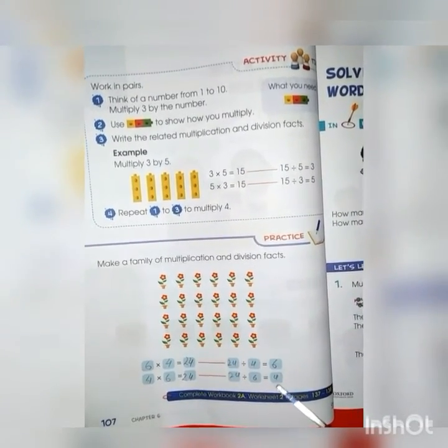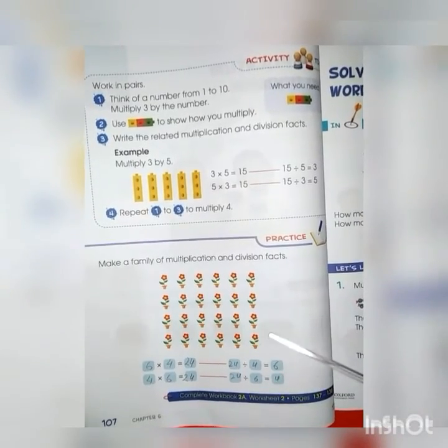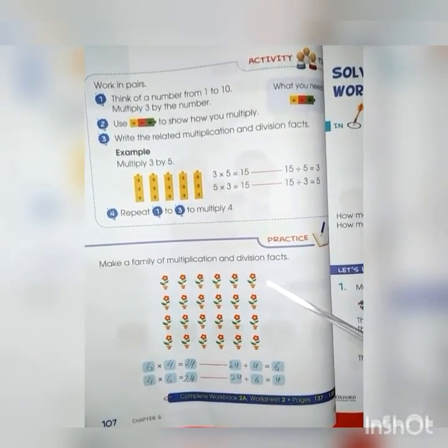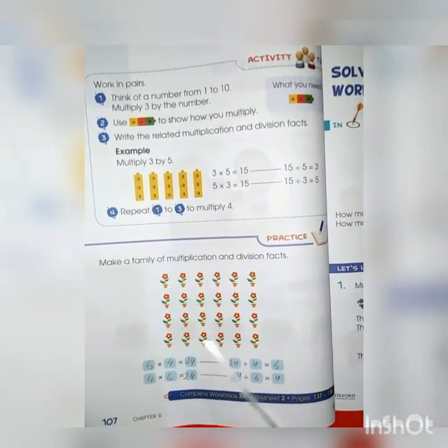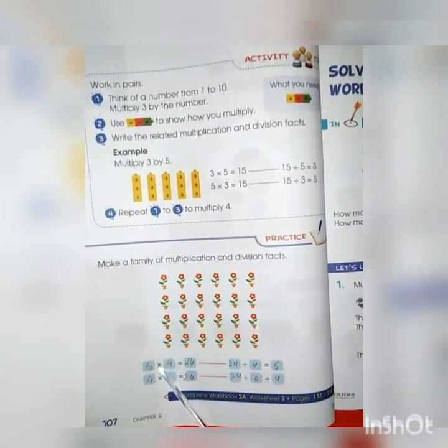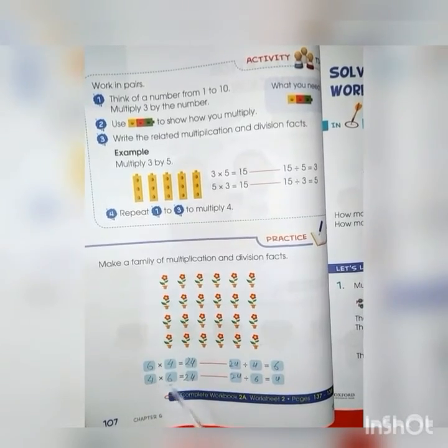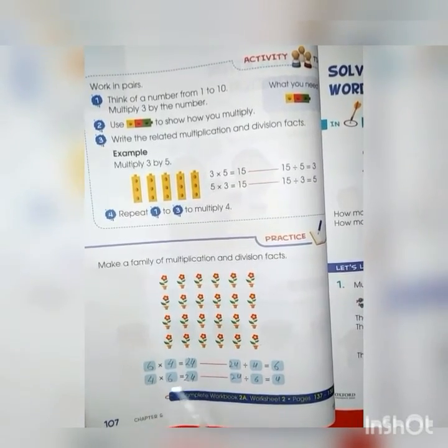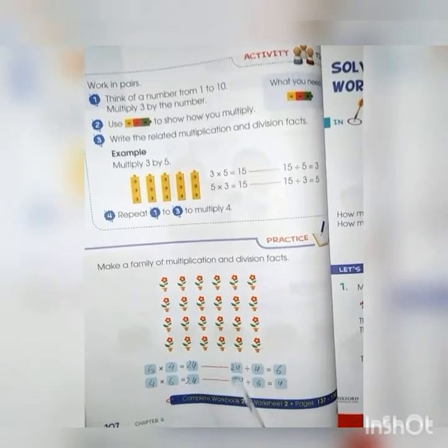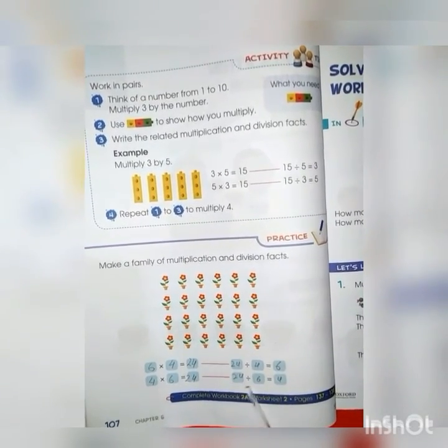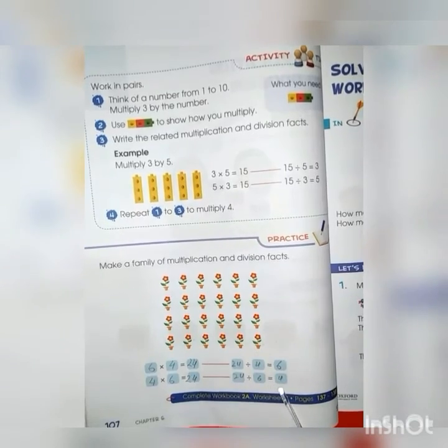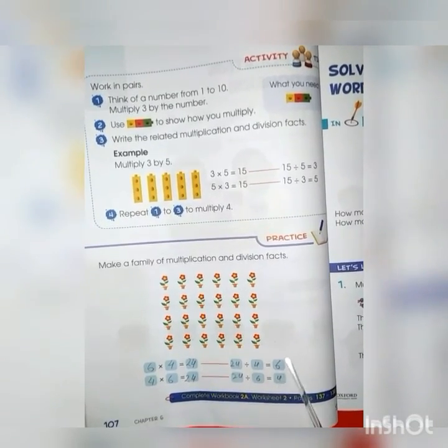It means that we have 4 groups of flower pots and in each group we have 6 flower pots and in total we have 24 flower pots. 6 fours are 24, 4 sixes are 24. They both are the same, but 24 divided by 4 is equal to 6 and 24 divided by 6 is equal to 4. We have different answers here.